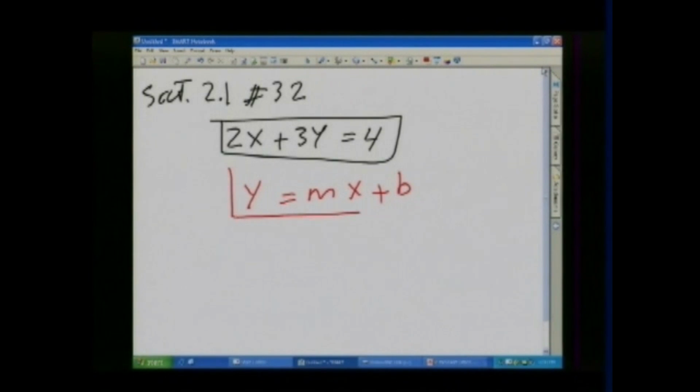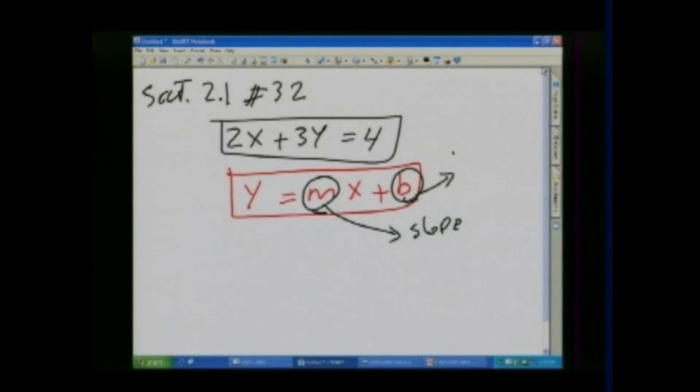Once we have it in this format, as you recall, m would show the slope of the line, and b would show the y-intercept. Now, as you can see, this equation is not in this format. In other words, we have to solve this one for y.